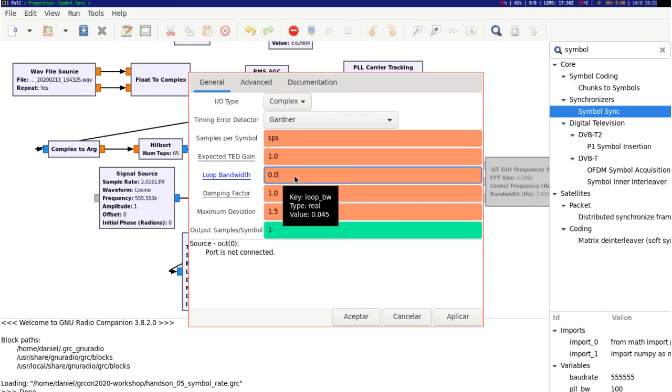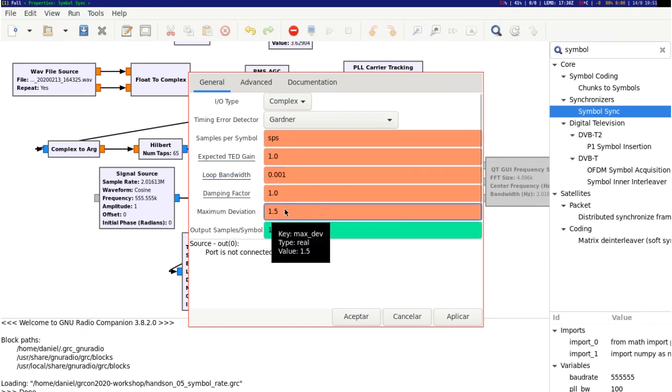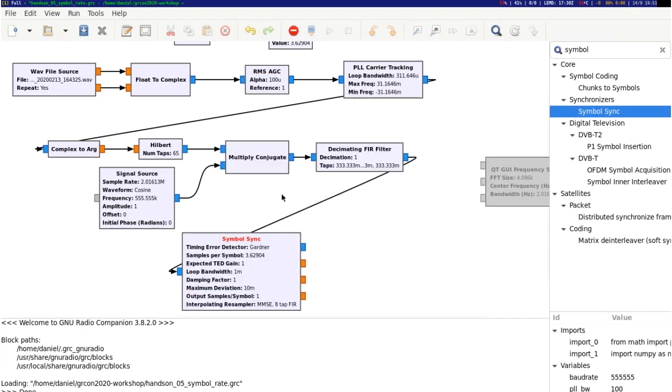It sets the speed of response of the system. Here the signal is very stable, so I can use a really small loop bandwidth. And the maximum deviation sets how much deviation from the nominal samples per symbol this block is going to try to achieve.